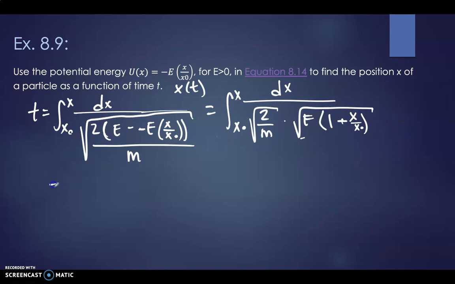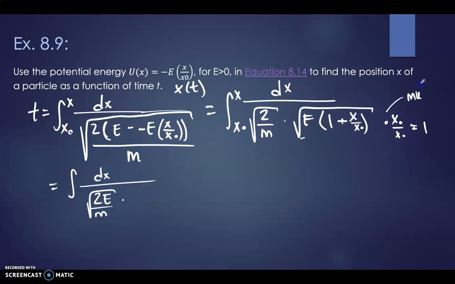So then we'll have dx over the square root of 2E over m. I'm gonna pull out this x naught, so it's gonna look a little bit funny. So how you can do this is, say, multiply it by x naught over x naught, which is just multiplying by 1. Okay, so we're multiplying by 1 here.